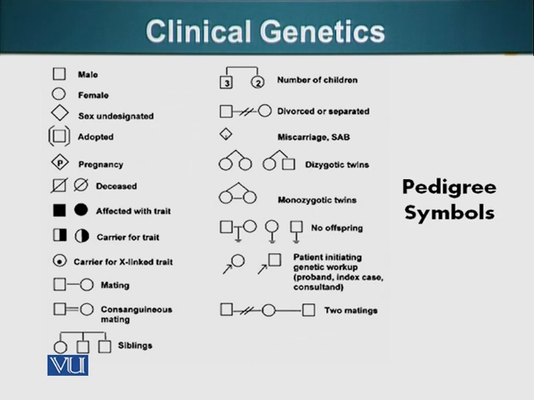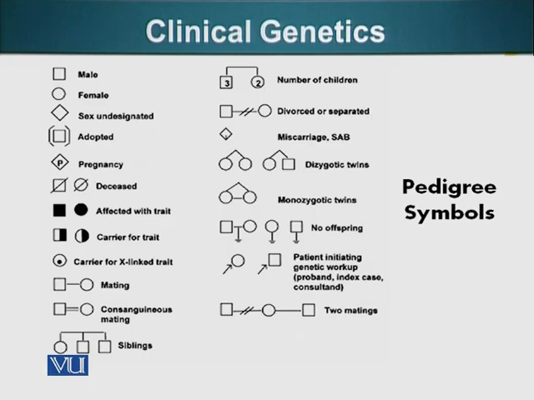Carrier of the trait, which will be a heterozygous condition, is a half-filled circle or half-colored box. Carrier for an X-linked trait is a circle with a dot in it. We cannot have carriers with boxes because, for X-linked traits, only females can be carriers.